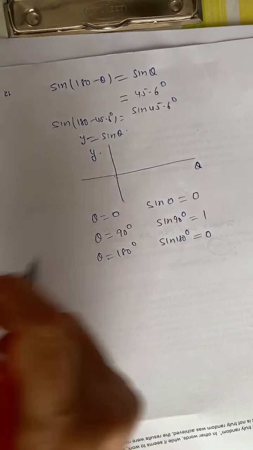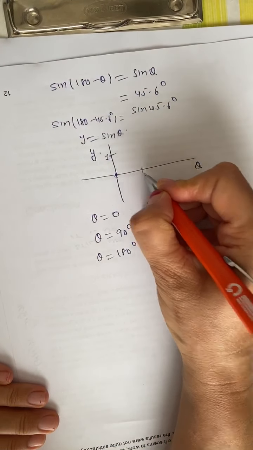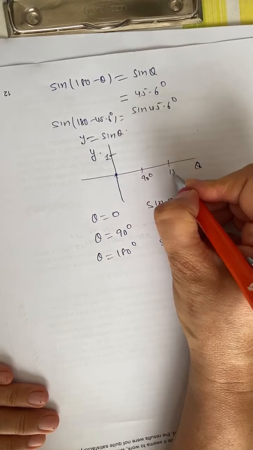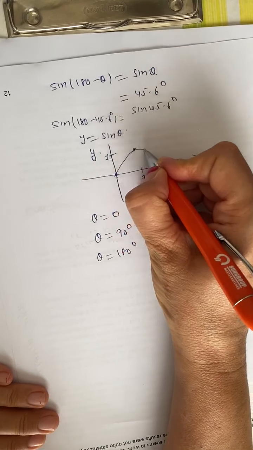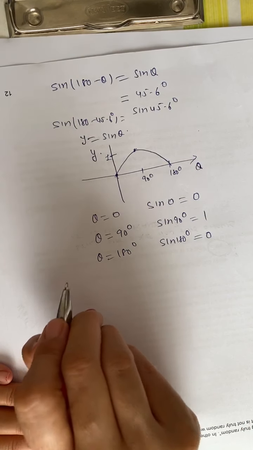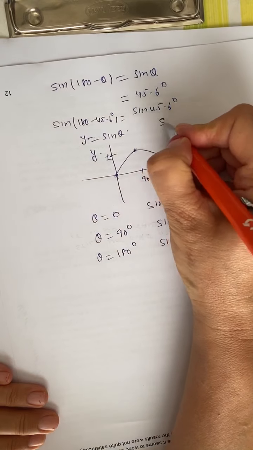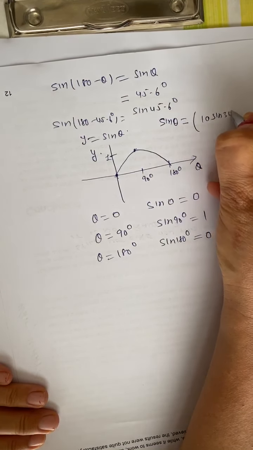So sine 0 is 0, then 90 degrees here gives 1, and 180 degrees here gives 0. So the graph will look like this. If you remember in the previous one, we had sine theta equal to 10 sine 30 over 7.